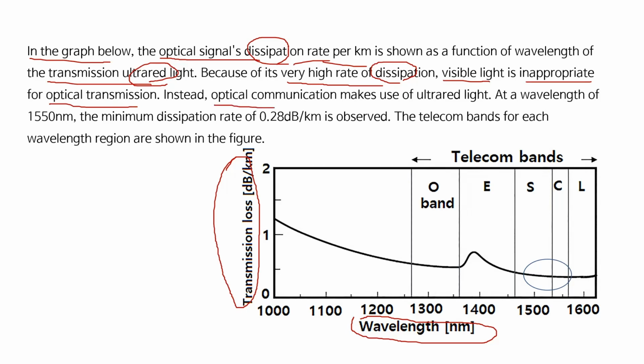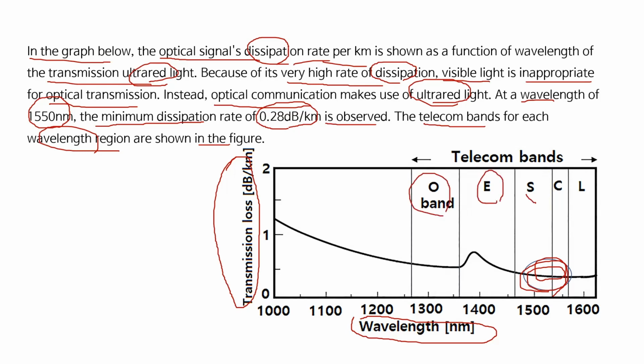Instead, optical communication makes use of infrared light. At a wavelength of 1550 nanometers, the minimum dissipation rate of 0.28 dB per kilometer is observed, around here. The telecom bands for each wavelength region are shown in the figure: O-band, E-band, S-band, C-band, and L-band. These are called telecom bands.